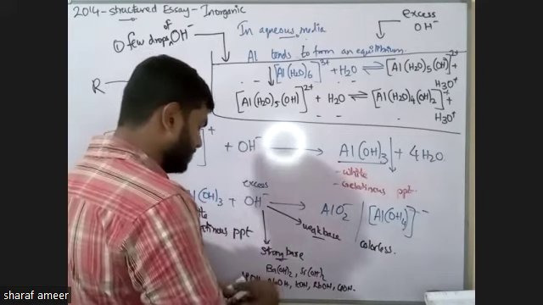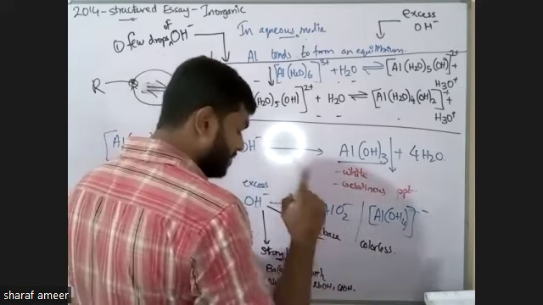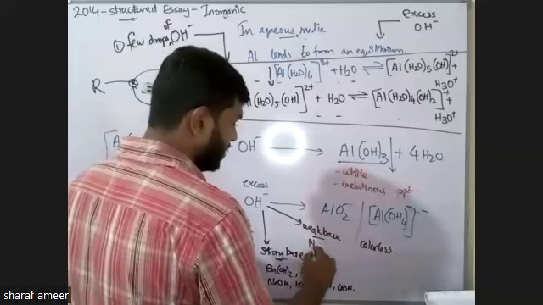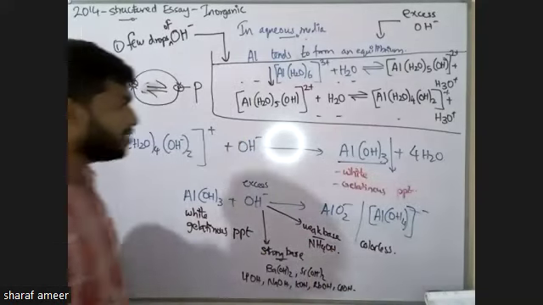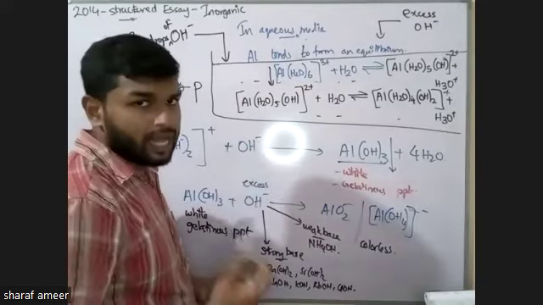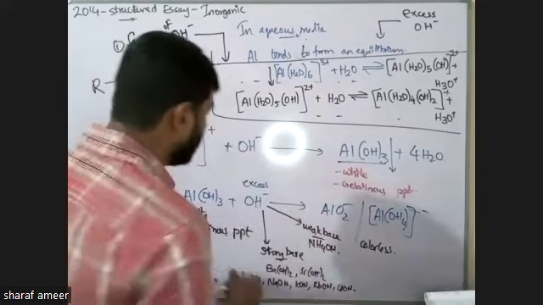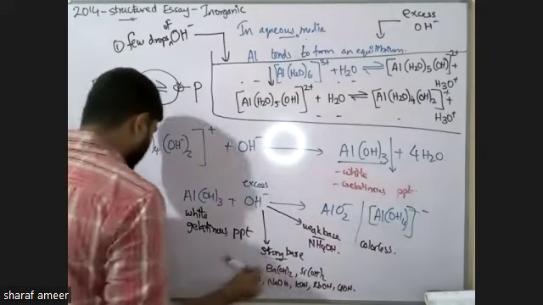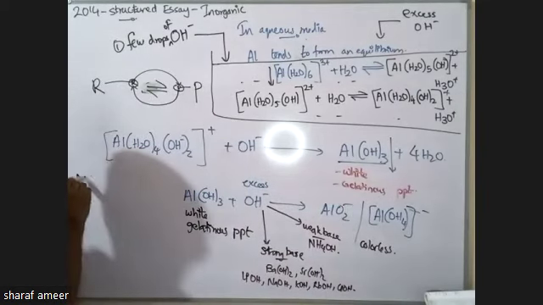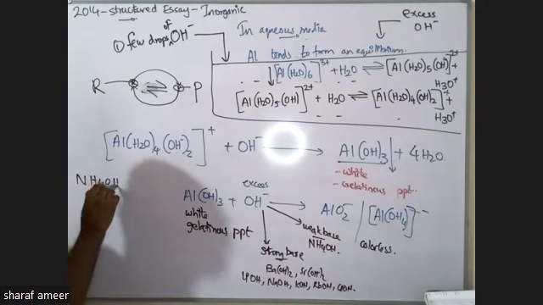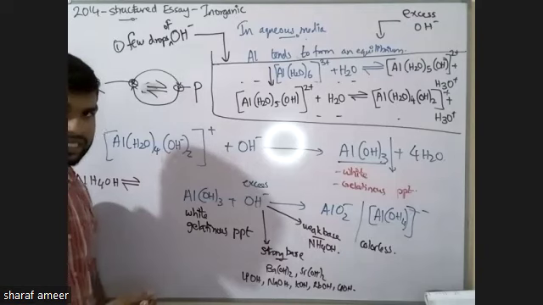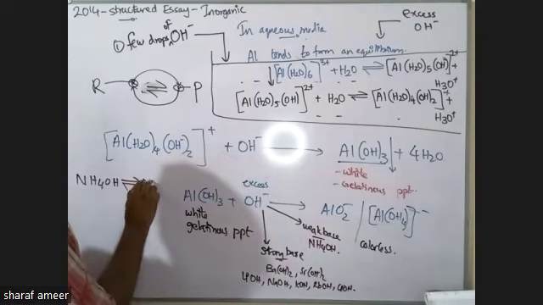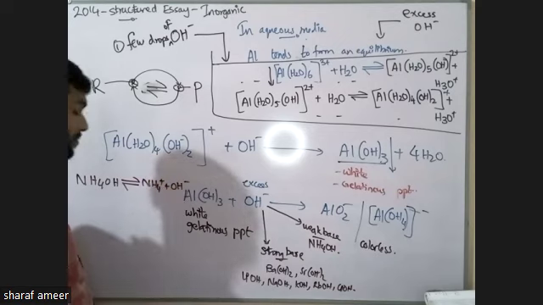Once you consider weak bases, we have only one, that is ammonium hydroxide. Ammonium hydroxide is a weak base, and it will partially dissociate to give ammonium ion and OH minus.